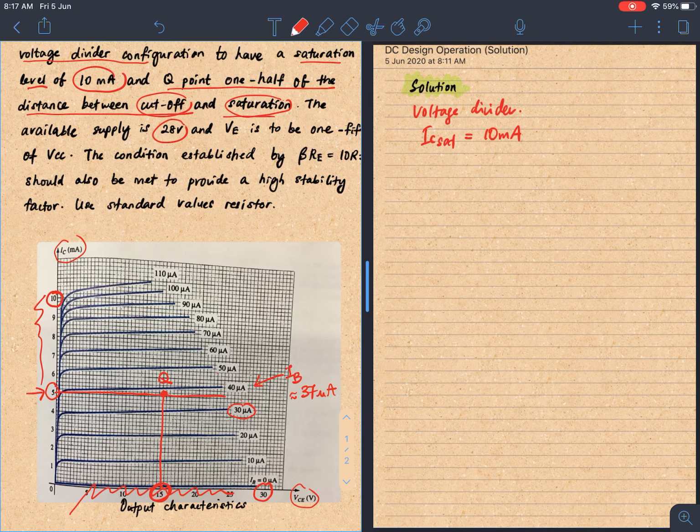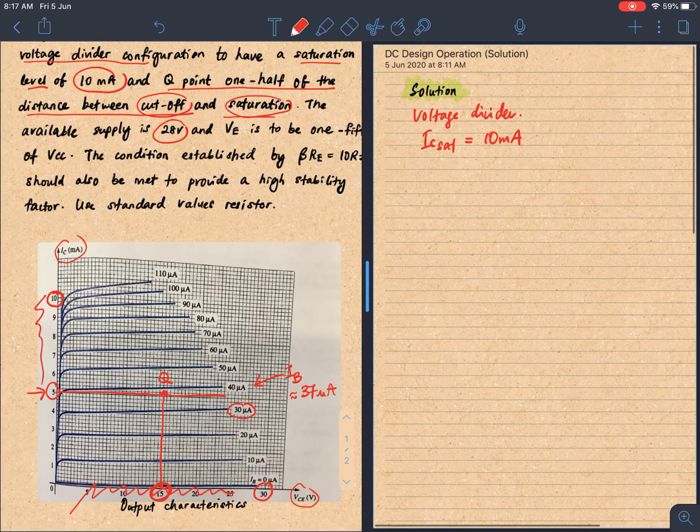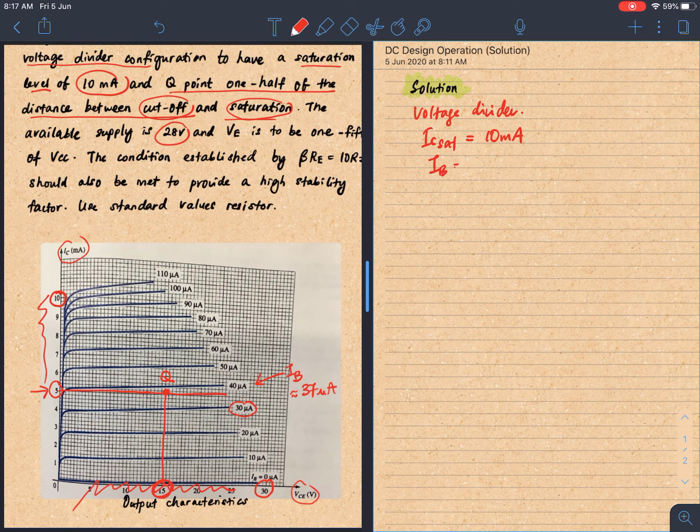And the next information is the available supply is 28. So I write down here: IB is equal to 37 microampere, and ICQ from the Q point is 5 milliampere and VCEQ is 15 volt.